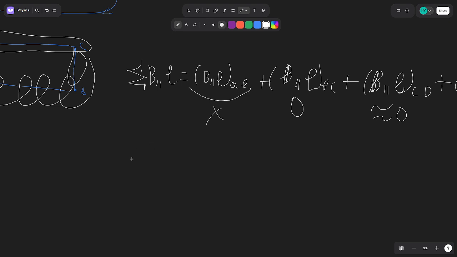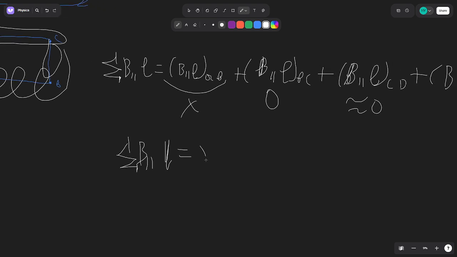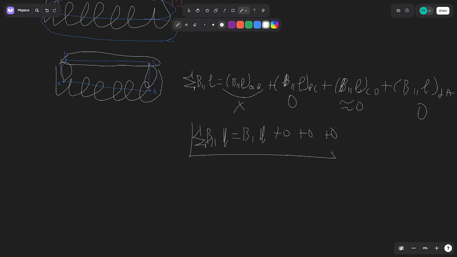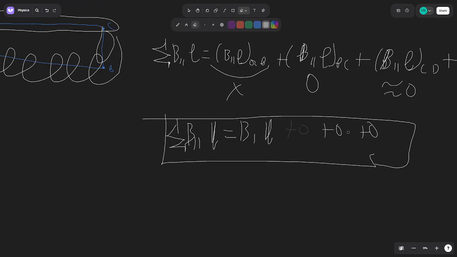So then the formula is the sum of magnetic field L equals X, which is BL, plus 0, plus 0, plus 0. So this is the formula. Yeah, we can just erase it.